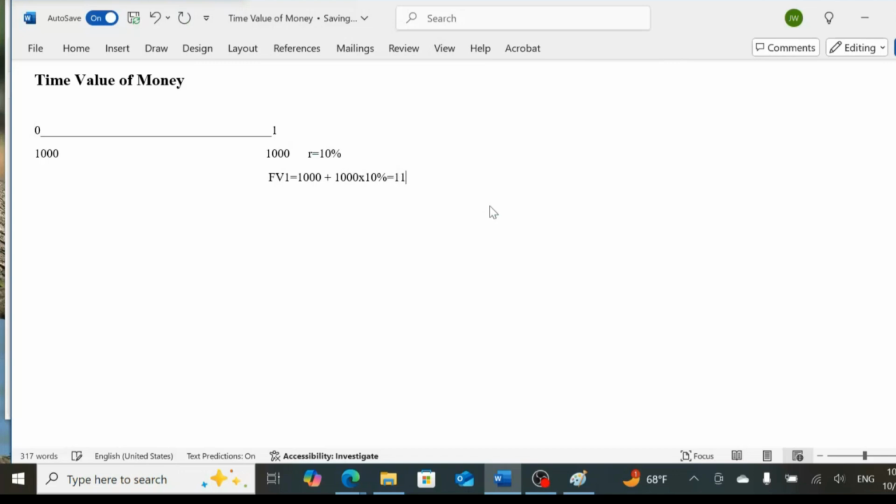So this is 1,100. And I want to relate this using the associate principle, just the original amount at 10%.